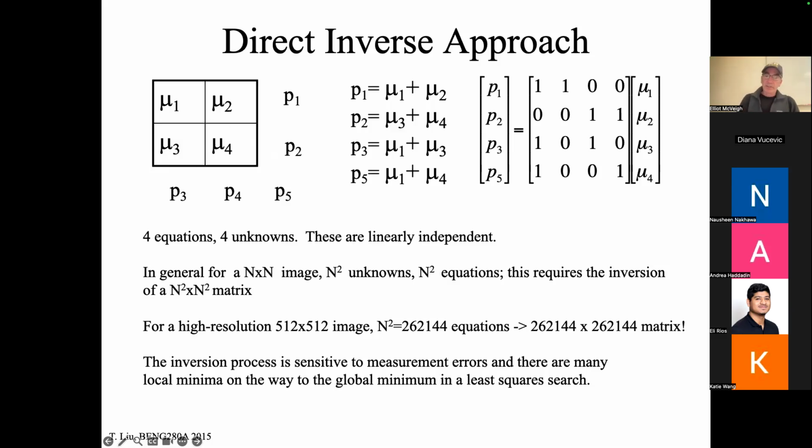Okay. However, it becomes a problem that is much too big, even for a modern computer, because the measurements do have noise and uncertainty on them. And so the matrix that you would invert to solve for all of the mu values in a 512 by 512 image, that's a lot of mu values, right? That's 262,000 mu values.